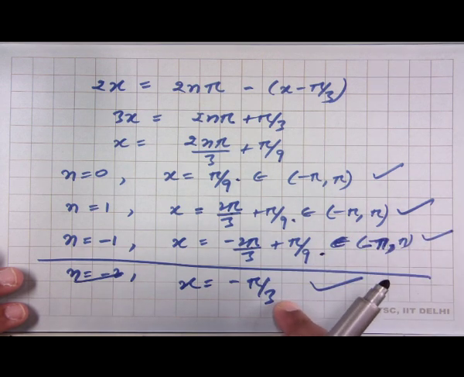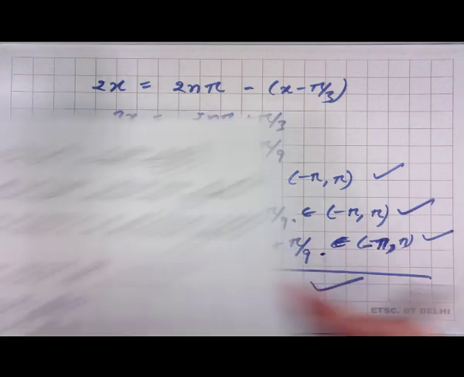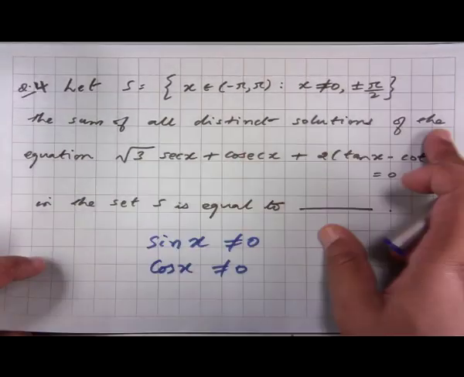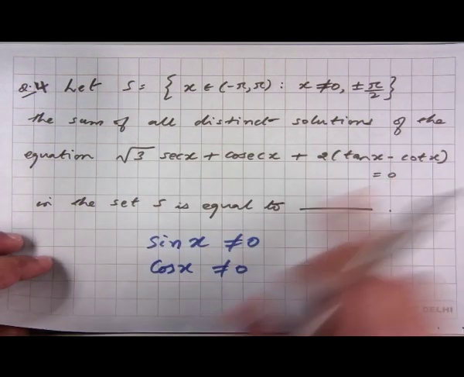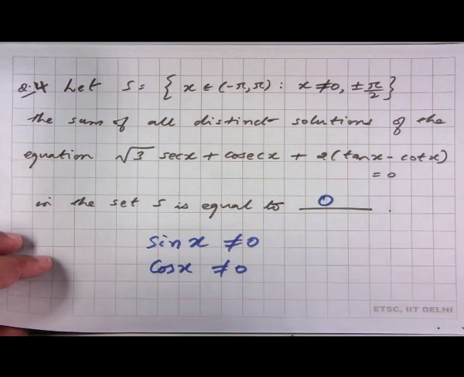So it turns out that the sum of all these 4 distinct values is in fact equal to 0. So the final answer is that the sum of all the distinct solutions to this equation, where the solutions belong to the set S, is equal to 0.